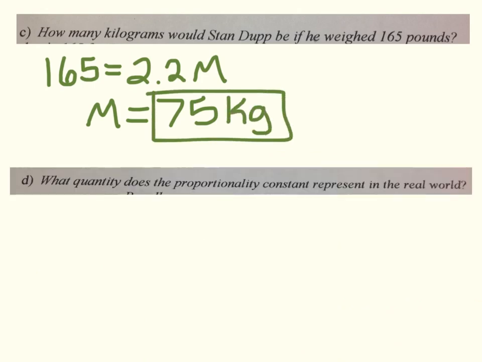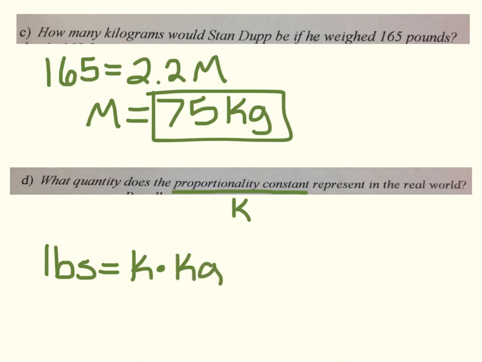And the last part of this problem says, what quantity does the proportionality constant represent in the real world? So remember that proportionality constant, that was what K is. And we said K was 2.2, but we didn't put any units with it. So if we go back, our pounds equals K times our mass in kilograms, and then we just divided both sides. We divided our pounds by our kilograms.